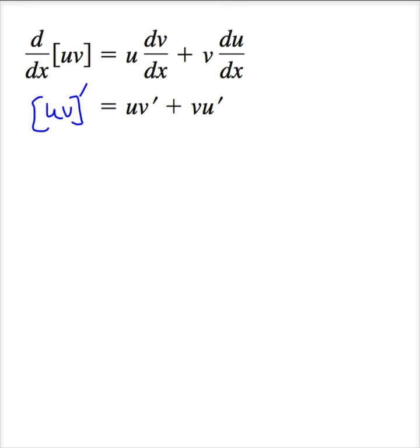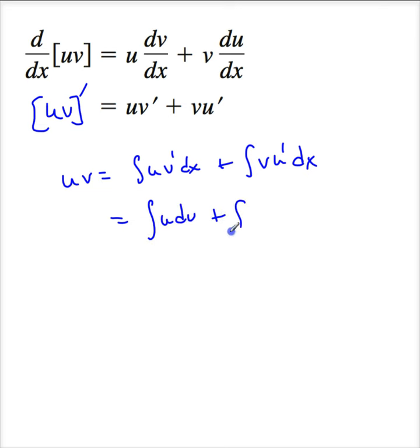Now remember, if I want the antiderivative of this, uv is going to be the integral of u v prime dx plus the integral of v u prime dx, or I can just write this as the integral of u dv plus the integral of v du.